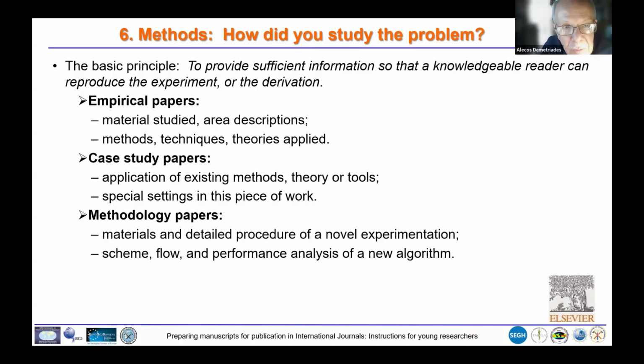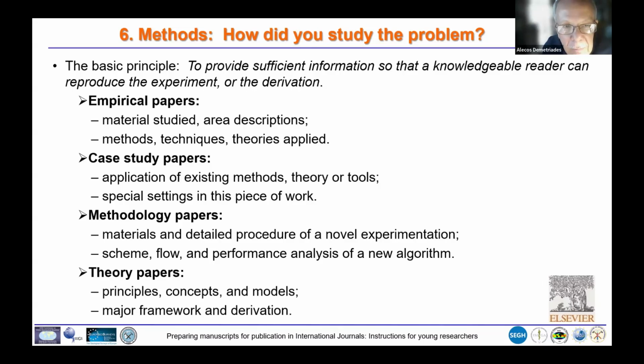Methodology papers: materials and detailed procedure of a novel experimentation, scheme, flow, and performance analysis of a new algorithm. Theory papers: principles, concepts, and models, major framework, and derivation. As you can see, there are at least four different types of paper. You have to decide which type suits the format of your paper.